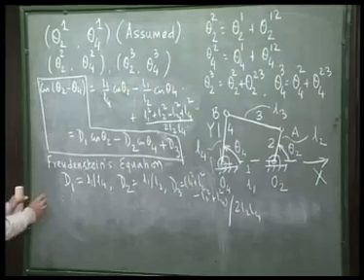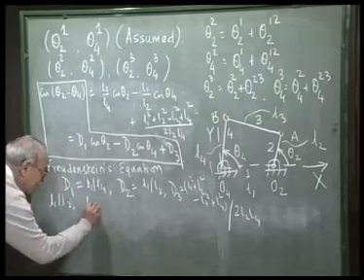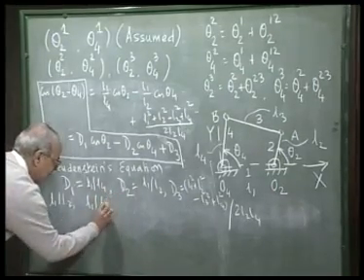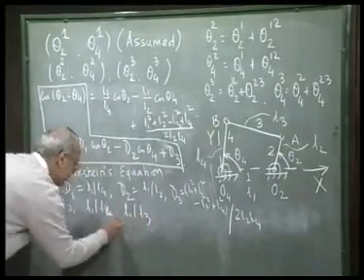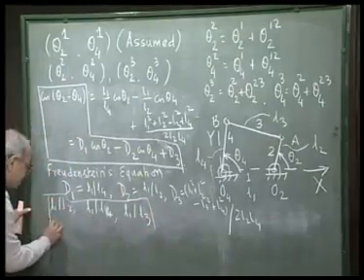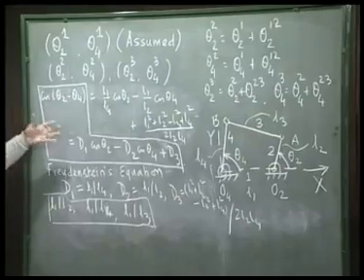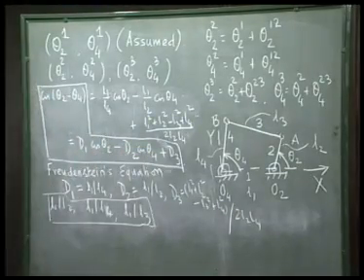So, the three link length ratios, namely L1 by L2, L1 by L4 and L1 by L3, can be obtained by solving a set of three linear algebraic equations involving d1, d2 and d3.